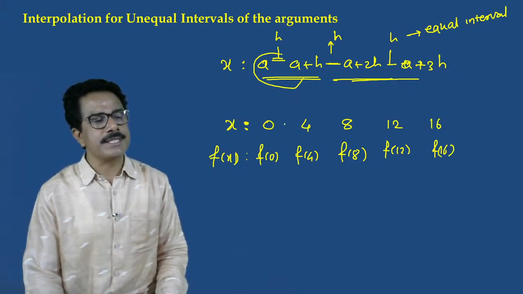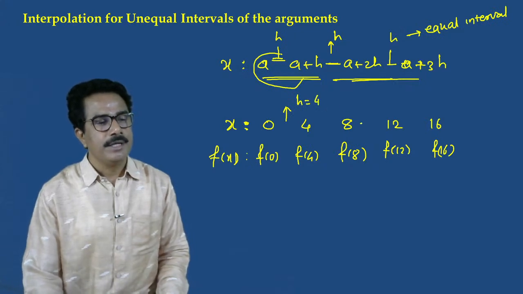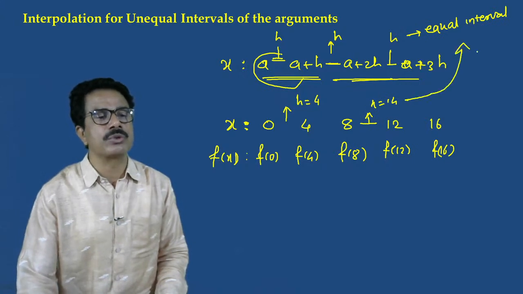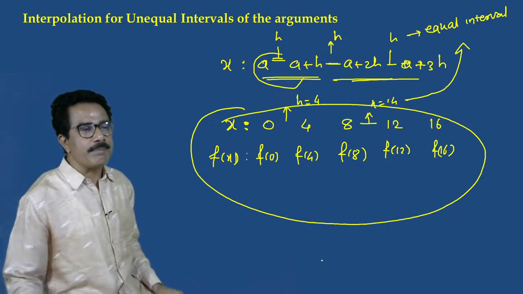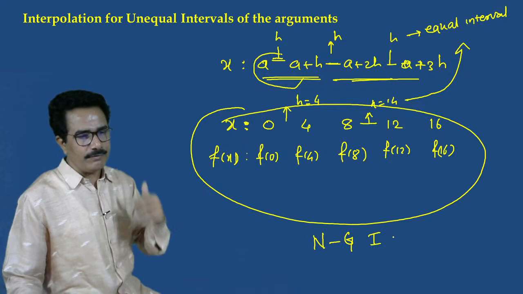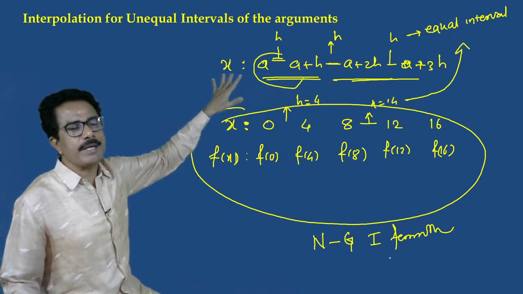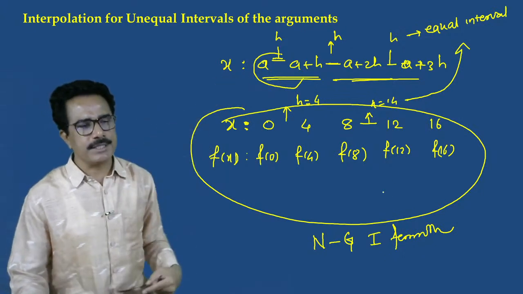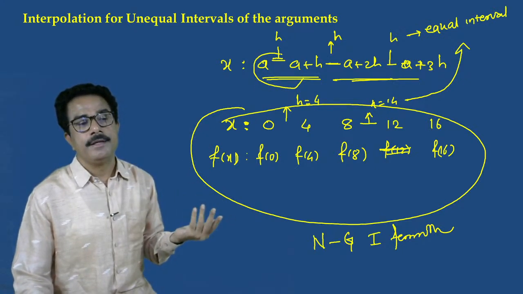If we observe this, here the interval is h equals 4. That means this is an equal interval. Such problems we have solved by using Newton's Gregory interpolation formulae. Also we have discussed the missing term; any missing term we can find.